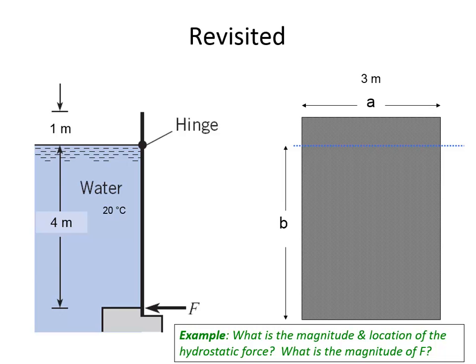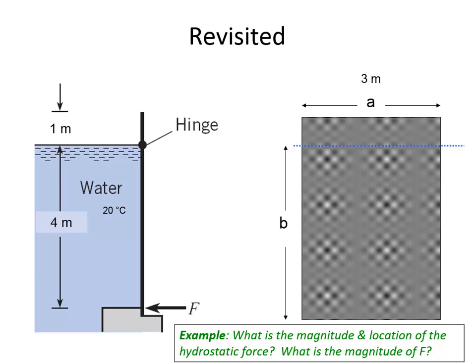And the YCP, we're going to have to calculate the area moment of inertia, AB cubed divided by 12. 3 meters by 4 meters cubed divided by 12 gives an area moment of inertia of 16 meters to the fourth.